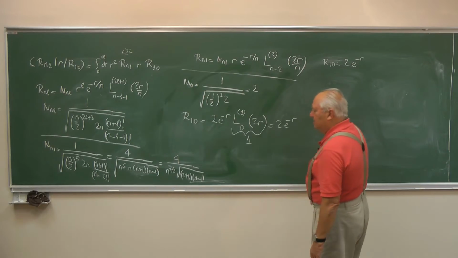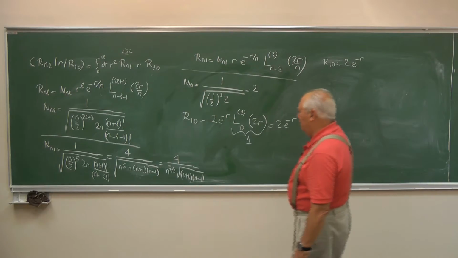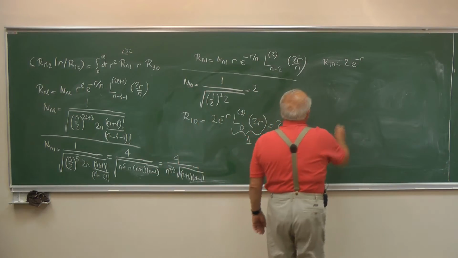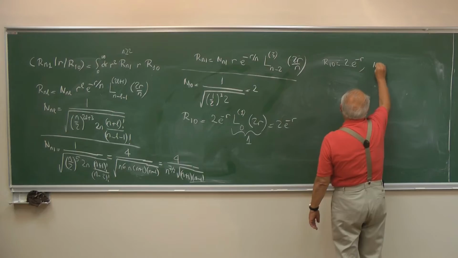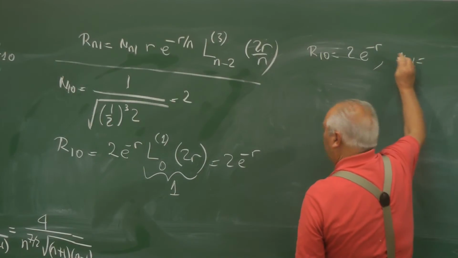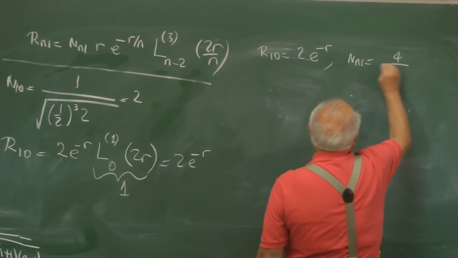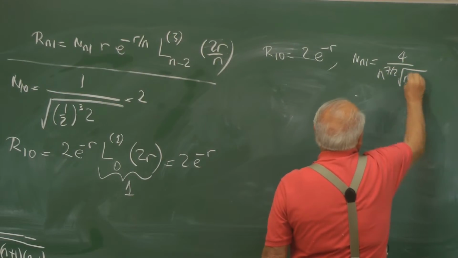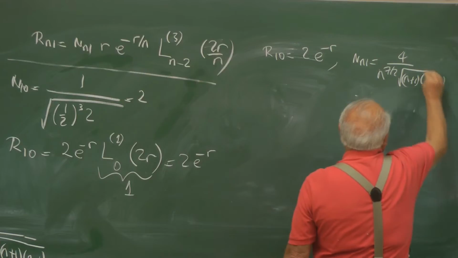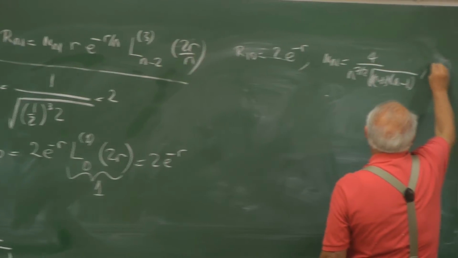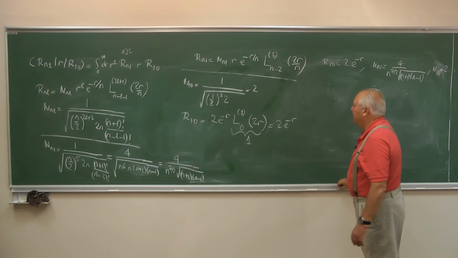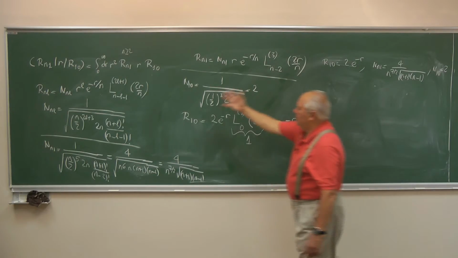Let me just write the normalization coefficients and erase this part of the blackboard. N n1 is equal to 4 over n to the 7/2 times the root of (n plus 1)(n minus 1), and N10 is simply 2. Okay, so I will erase all this.